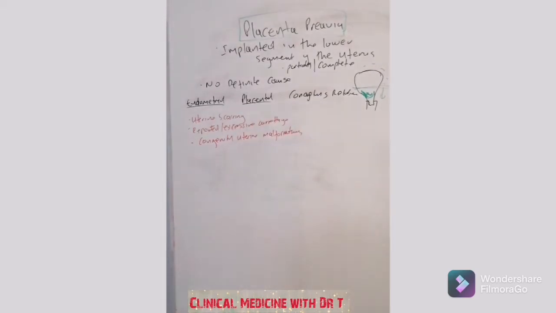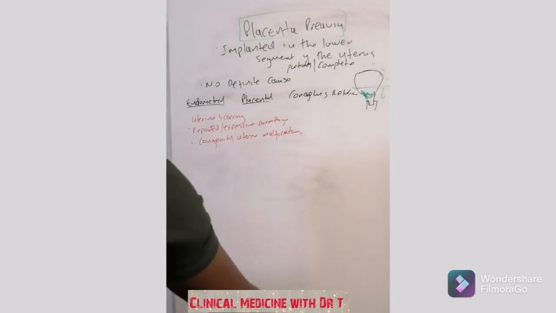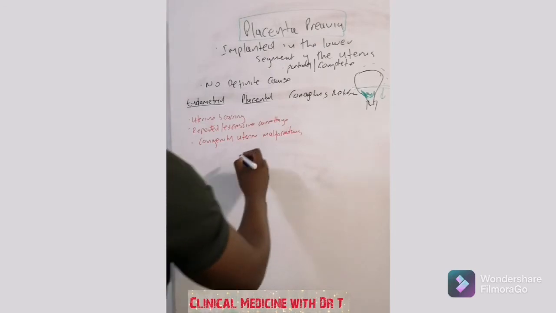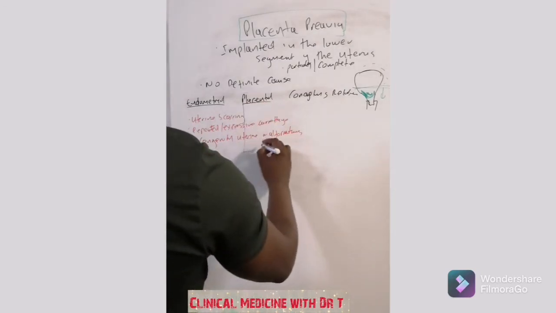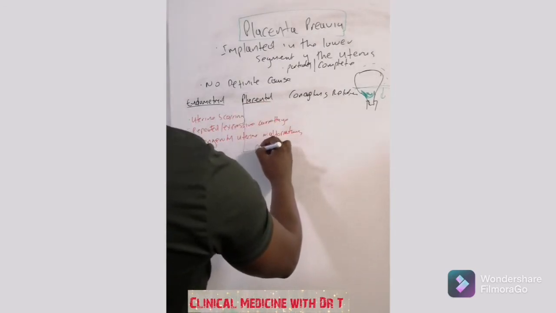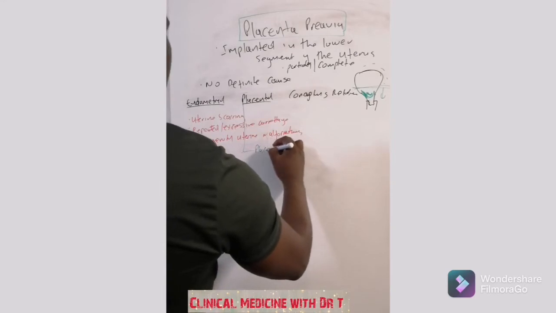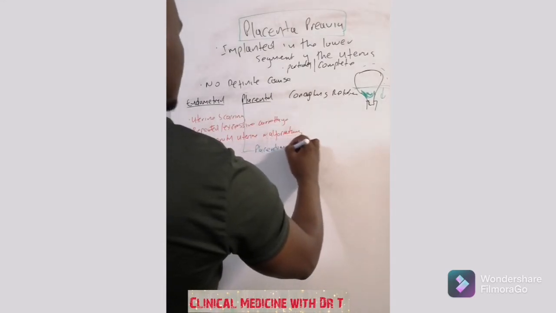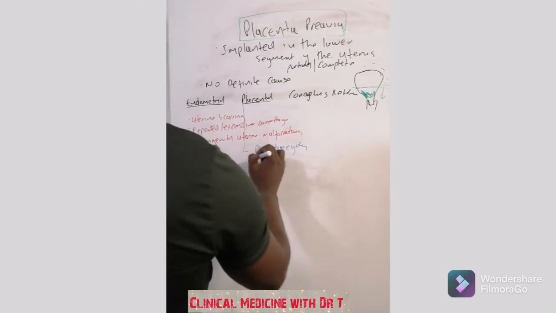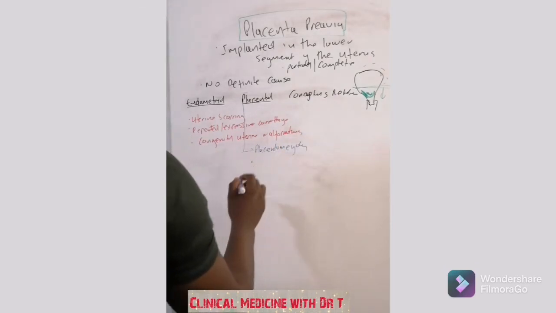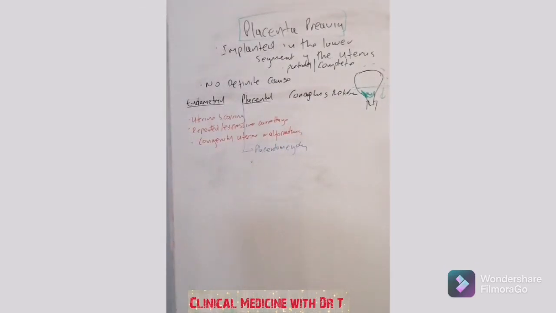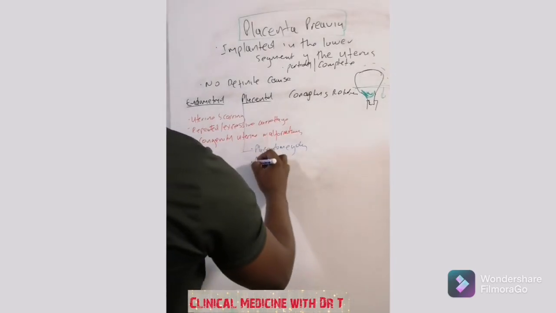It's nice to categorize things because it's easy to remember them. Placental factors would be things like a very big placenta, placentomegaly, or just an abnormal formation of the placenta.